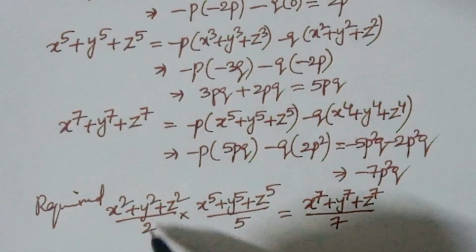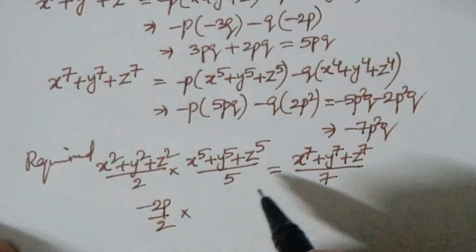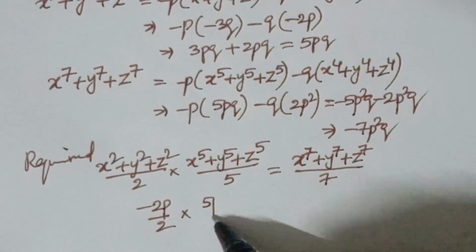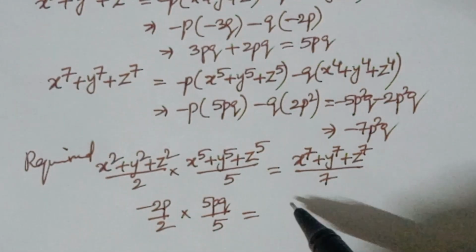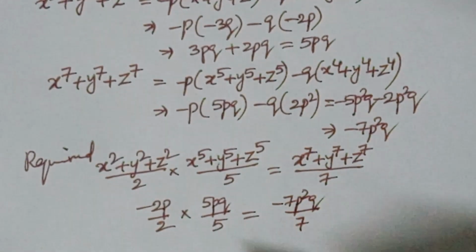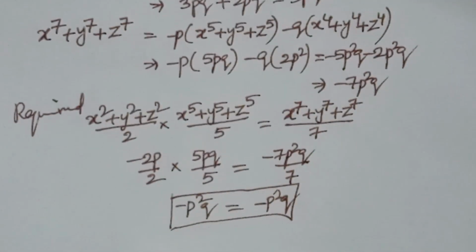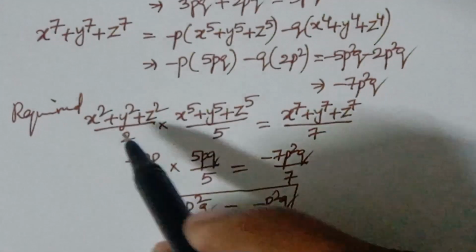Now I am substituting the values: minus 2p by 2 into 5p cube by 5... is equal to minus 7p square q by 7. So here we will get minus p square q, and here also we will get minus p square q. So therefore we can conclude that LHS is equal to RHS.